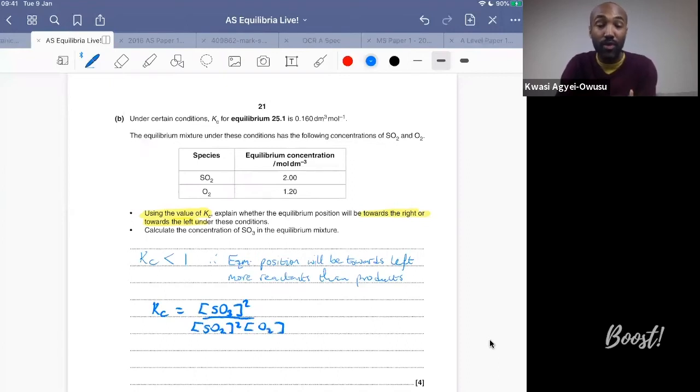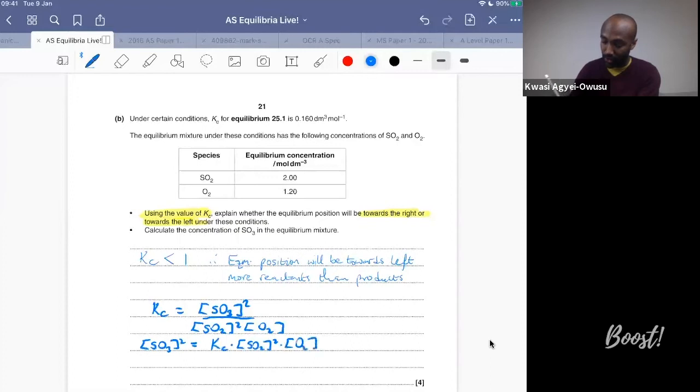And then we can rearrange it to make the square of SO3 concentration the subject. So what I'd do first of all is rearrange my equation, and that would be equal to Kc times the square of our SO2 concentration times our oxygen concentration.